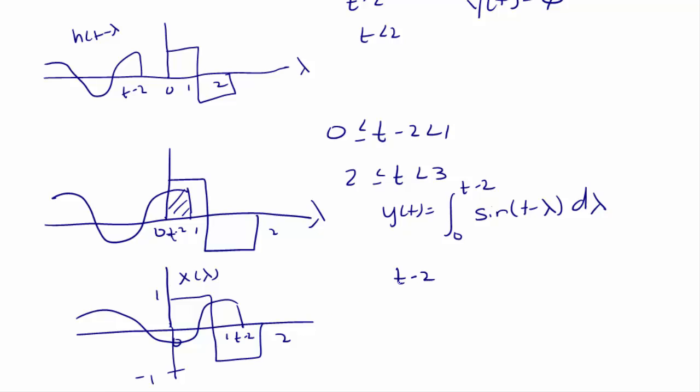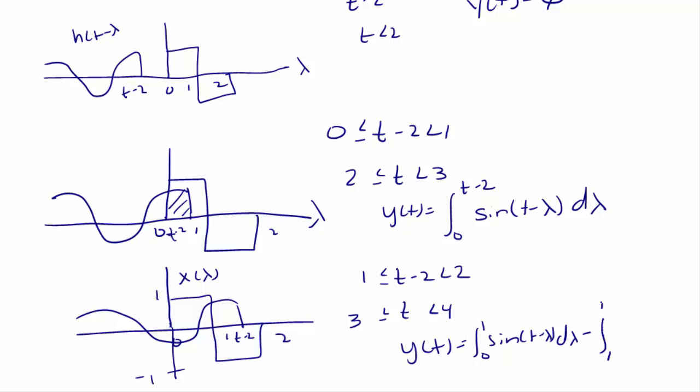So when I have t minus 2 between 1 and 2, that's when t is between 3 and 4. And y of t is equal to the integral. It's going to be the sum again from 0 to 1, sine of t minus lambda d lambda, minus the integral from 1 to t minus 2, sine of t minus lambda d lambda.